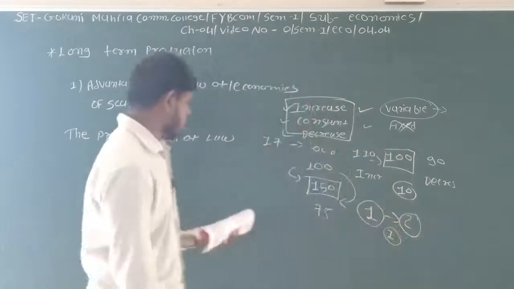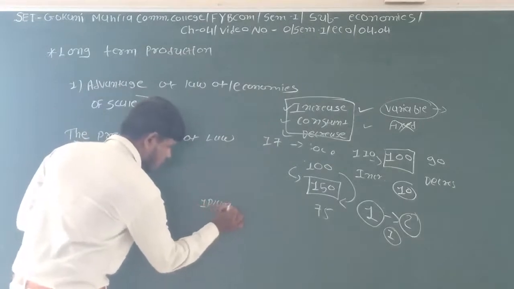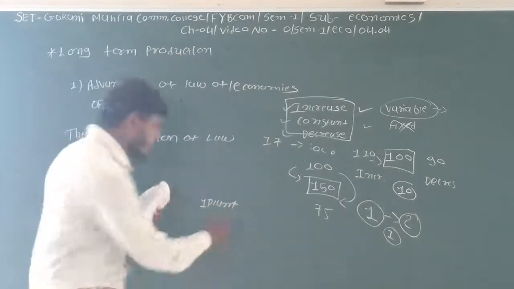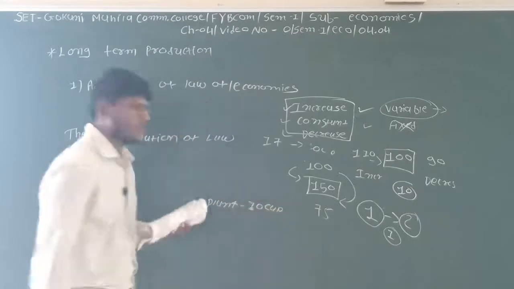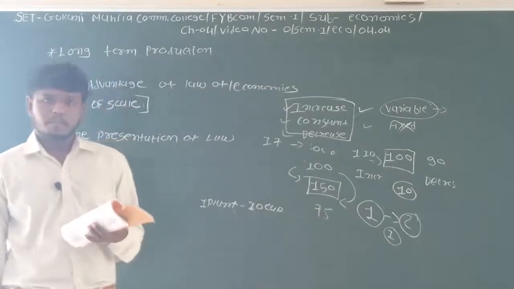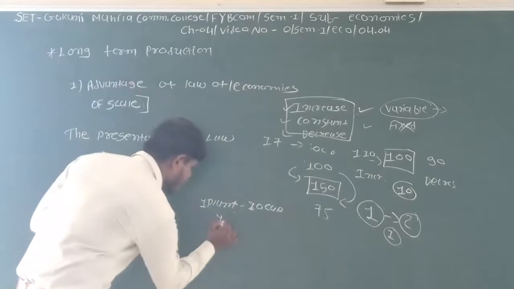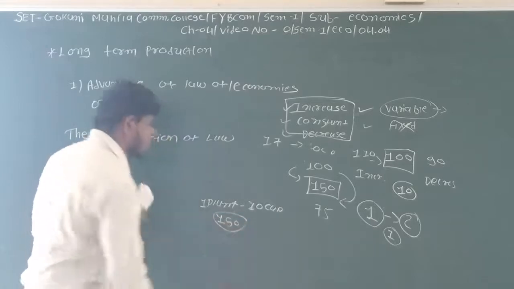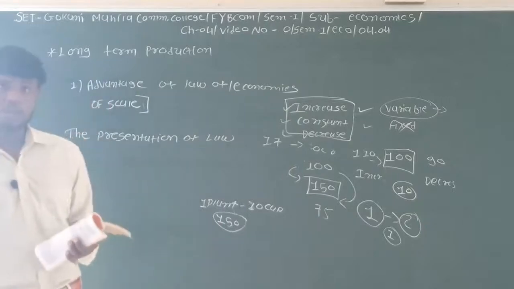Say for example, in one plant you employ 10 crore rupees capital and 150 employees in your business enterprise. These are your factors of production.